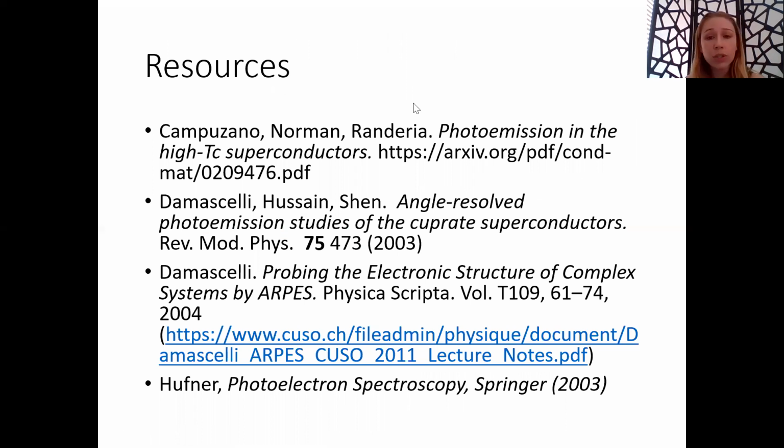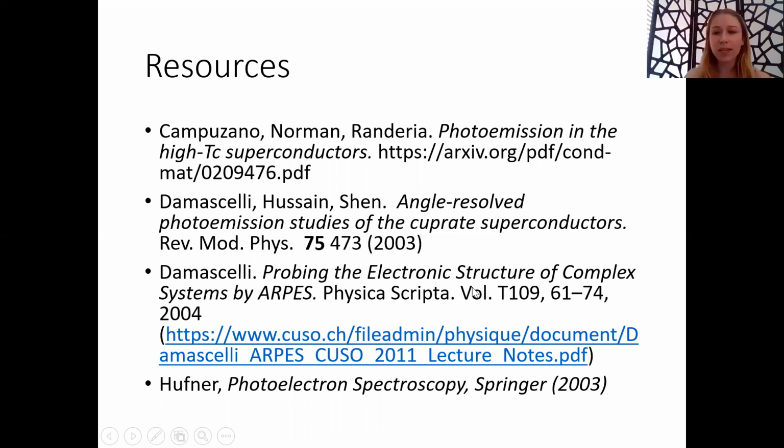So these are some resources of different degrees of technicality that give information about ARPES, and I'll be happy to provide more updated sources as well. I just want to highlight this third source, which is a very useful resource for me for learning about this.